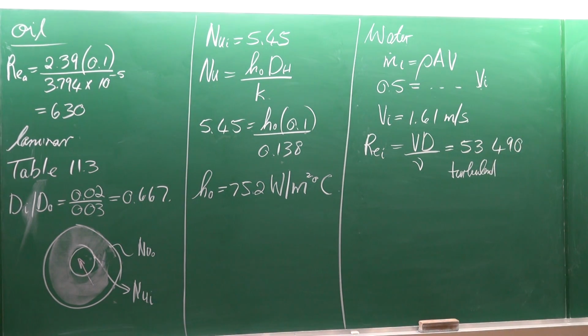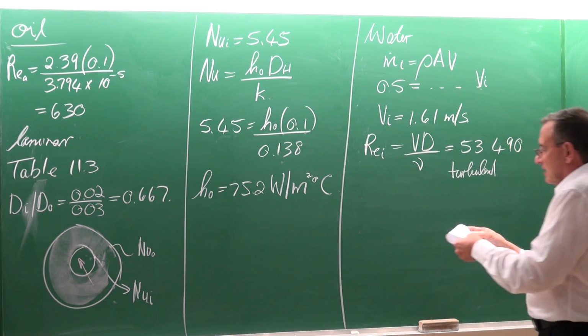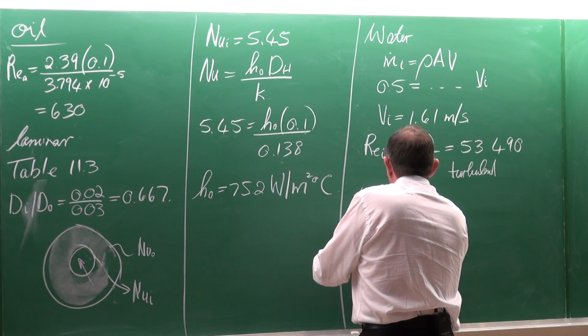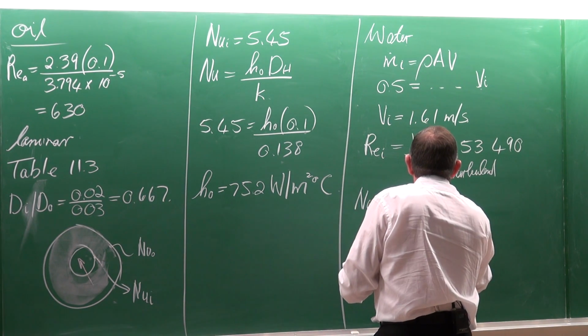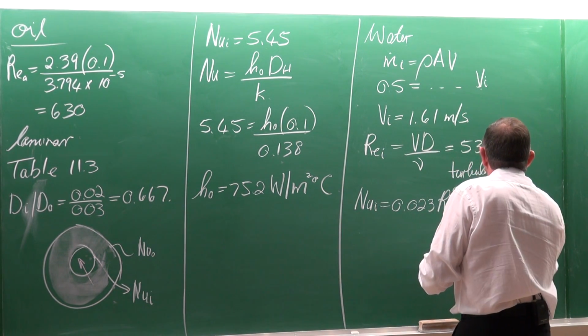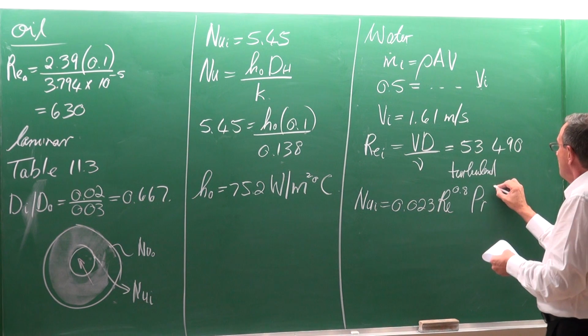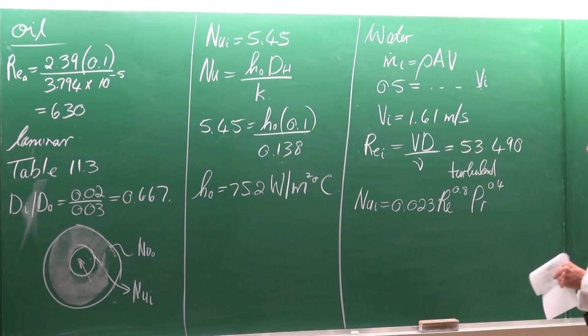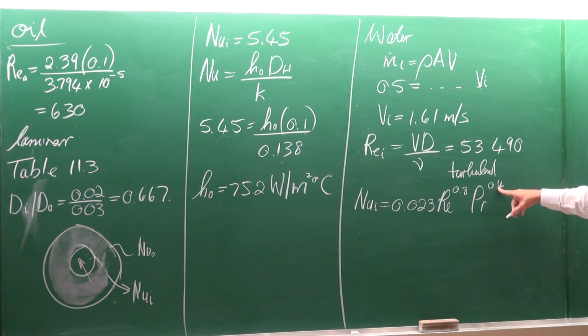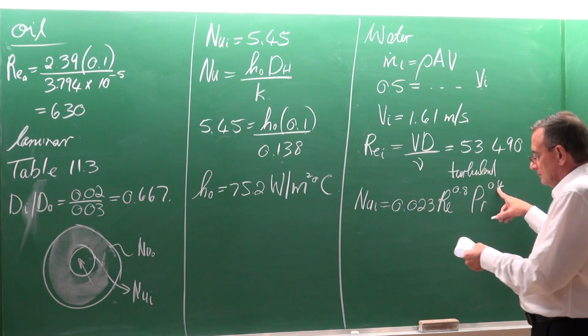There are 4 equations that you can use, from the most simplest up to the Gnielinski equation. I typically prefer to use the simplest ones, and that is equal to 0.023 Reynolds to the 0.8 Prandtl to the n, which can be 0.3 or 0.4. Because the water is being heated, the value is equal to 0.4.